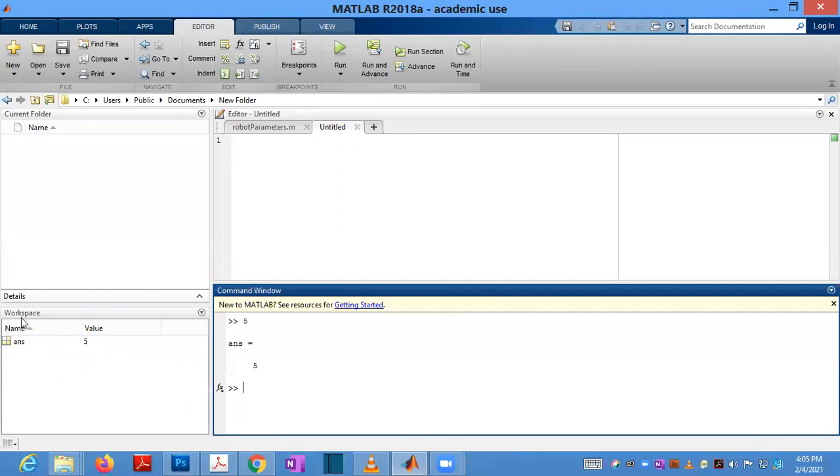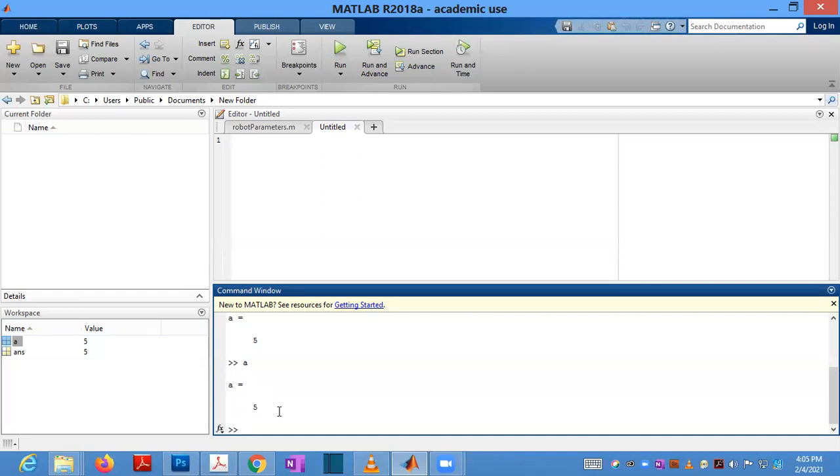The workspace holds the variables that are saved from the program you are writing. If you enter a is equal to 5, then a also will be updated here. Later, if you enter a, it will be taken from the workspace as the variable name, and its value will be shown here.